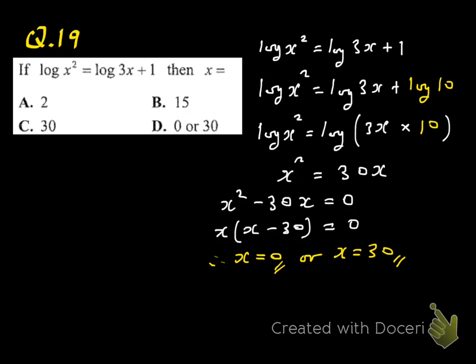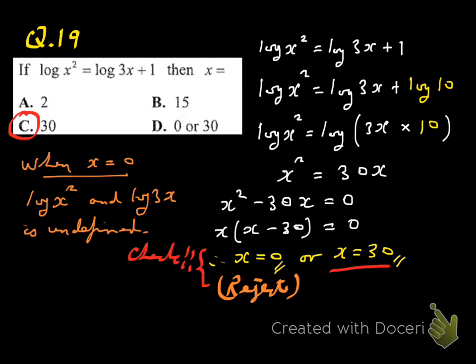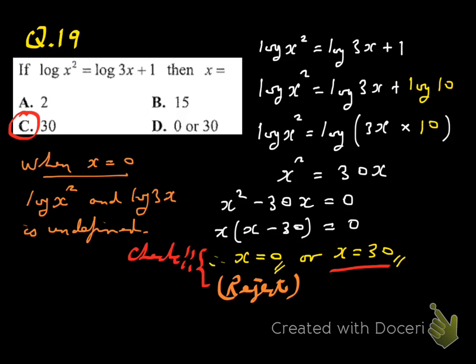So we need to check whether some of the values of x are not acceptable in this case. So when x is 0, log of x squared and log of 3x are undefined. So we have to reject x equal to 0, and that leaves us with x equal to 30. So in this case, the answer here is C.